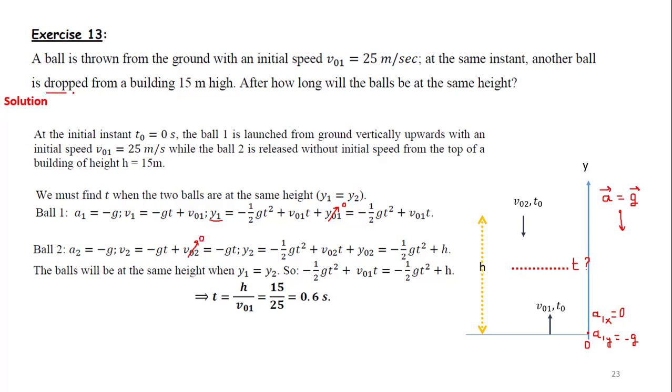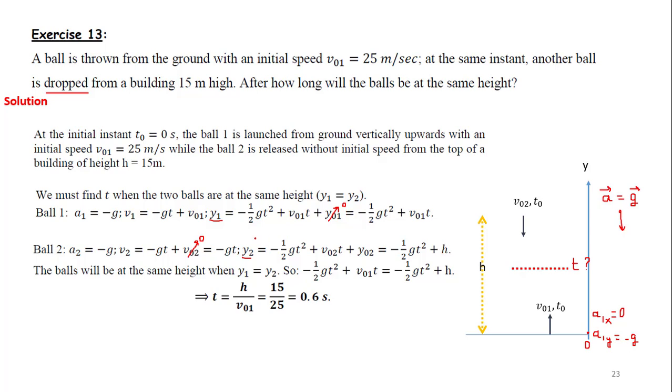They said that ball 2 is dropped from a building. Dropped means it's thrown without any speed. And v02 is equal to 0, and we can find y2 equal to minus half gt squared plus y02. What is y02? y02 is equal to the height h.